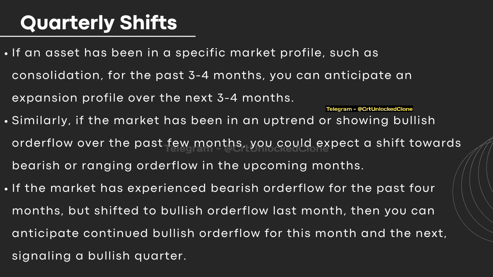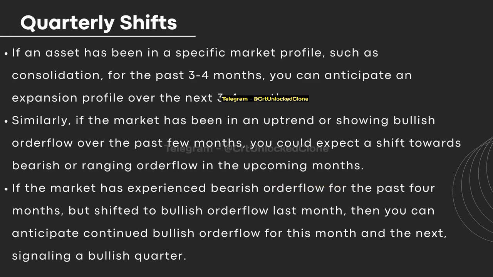If an asset has been moving in a specific market profile, for example, a consolidation or ranging profile, for the past 3 to 4 months, then based on quarterly shifts, we can anticipate an expansion profile over the next 3 to 4 months, right? Because the most likely outcome after a ranging profile is an expansion profile.